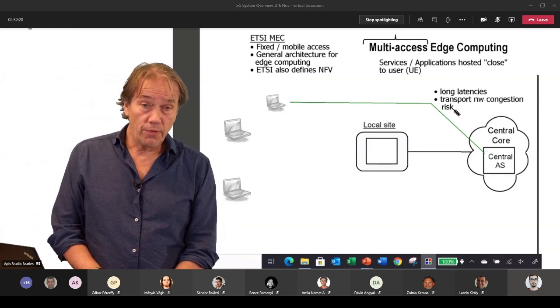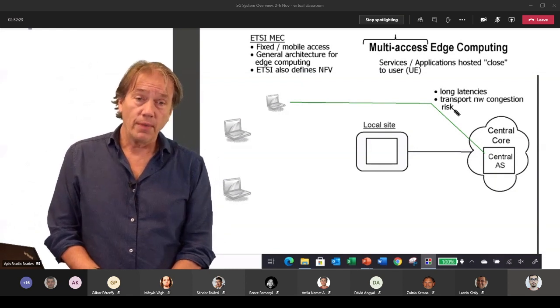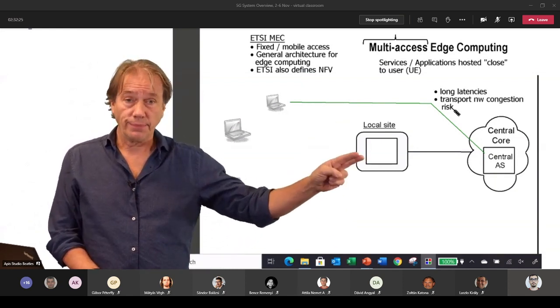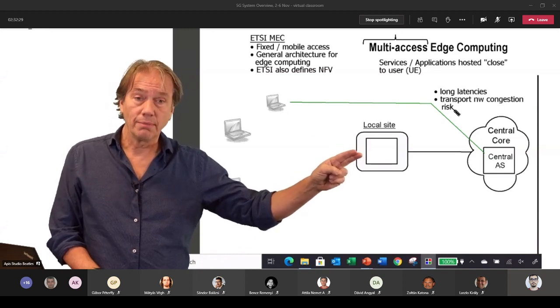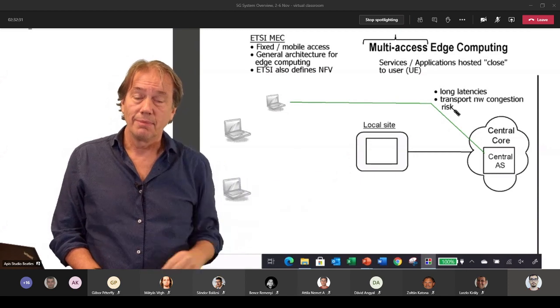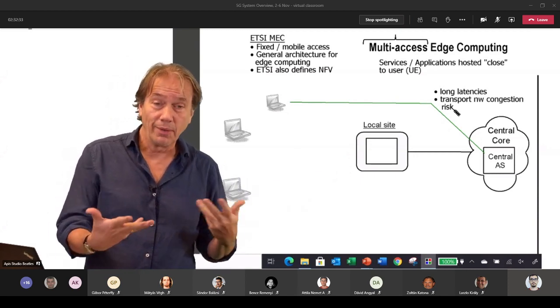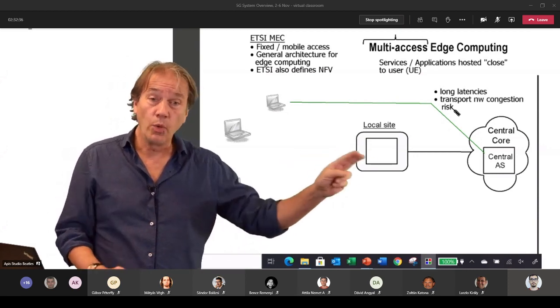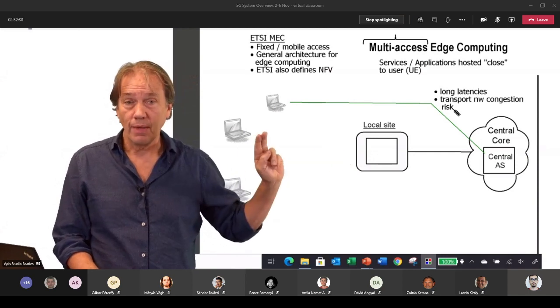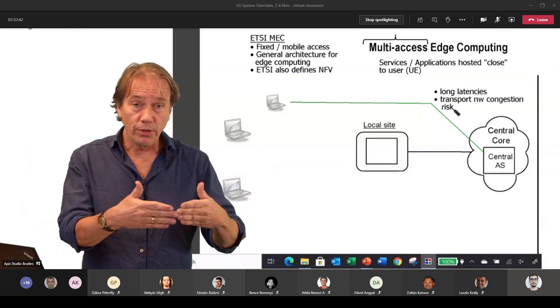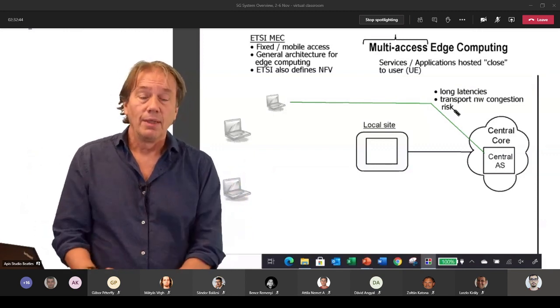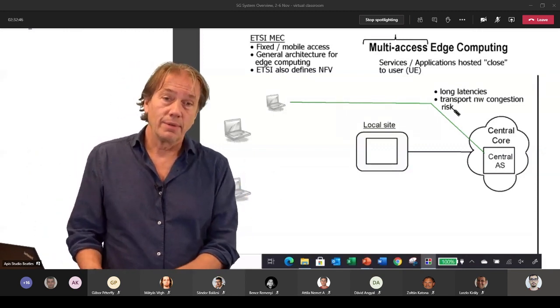So typically, very often, there will be sites, physical rooms or places with equipment closer to where the users are. There will be kind of aggregation points for traffic.